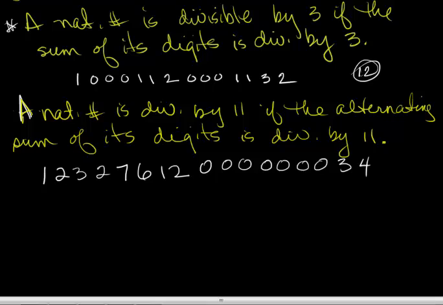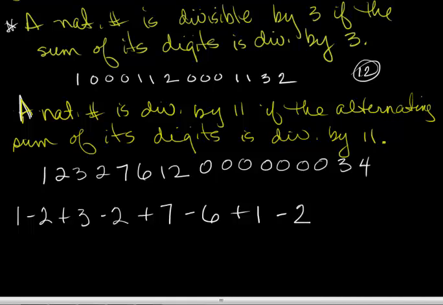Is it divisible by 11? Well, we're going to look at the alternating sum of its digits. So we start with the first digit, 1 minus 2 plus 3 minus 2 plus 7 minus 6 plus 1 minus 2. And now these zeros aren't going to add or subtract anything, so I just have to keep track here.